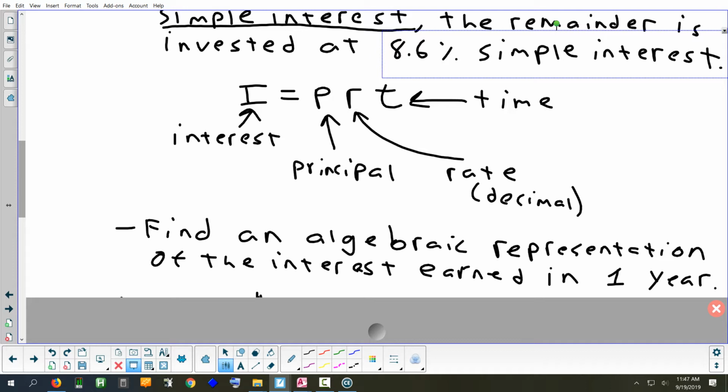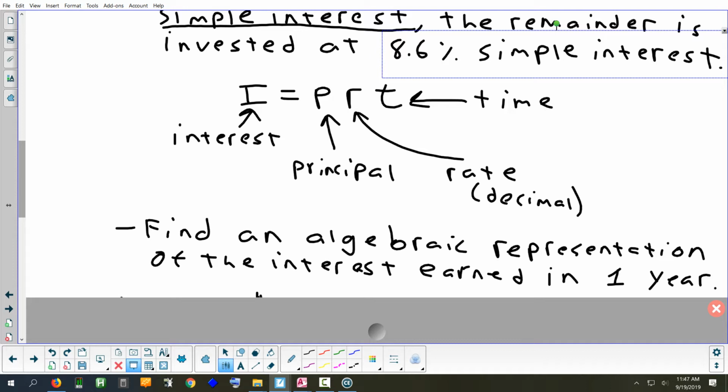He's going to earn some money in the first investment and some money in the second investment. To find the total that he earns, what would you do with the money that he earns in each one? Yeah, you add them together. So his total interest is the amount of money he makes in the first one plus the amount of money he makes in the second investment.